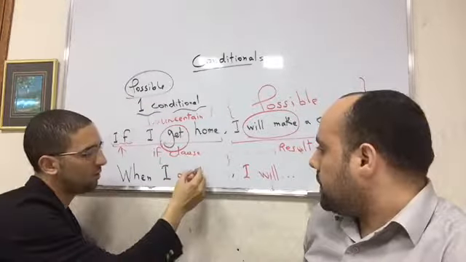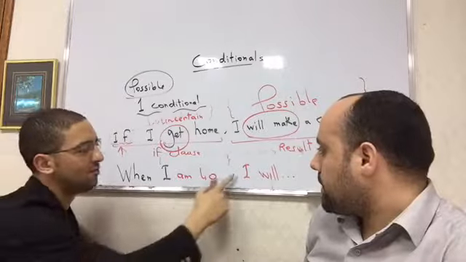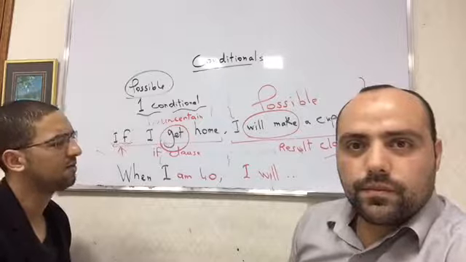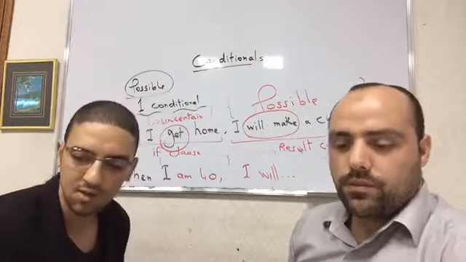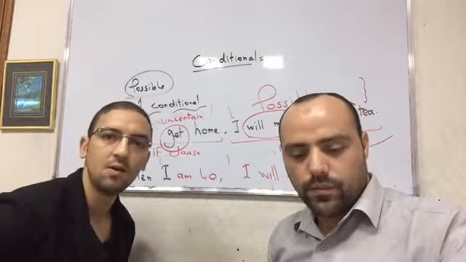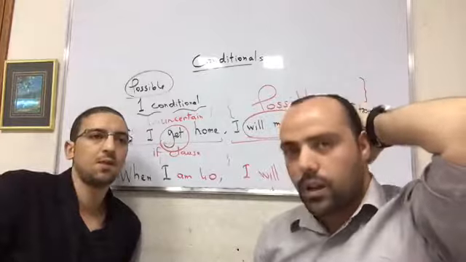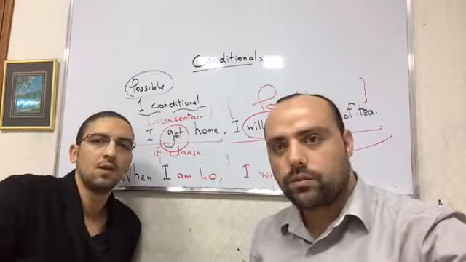If I am 40, I will do something, like travel around the world, or travel to another country. I'll try to meet people from different cultures. Or to make our audiences more excited, you can say, if you become rich.